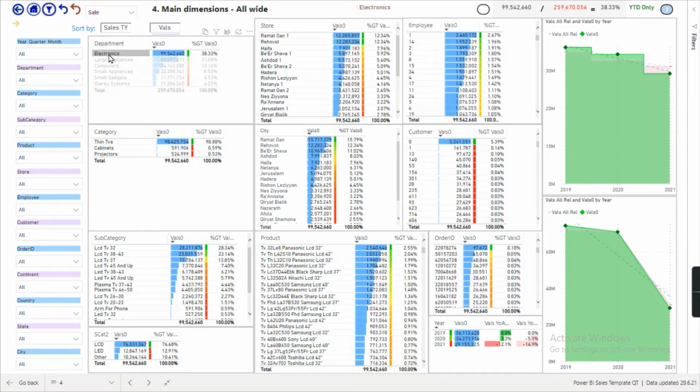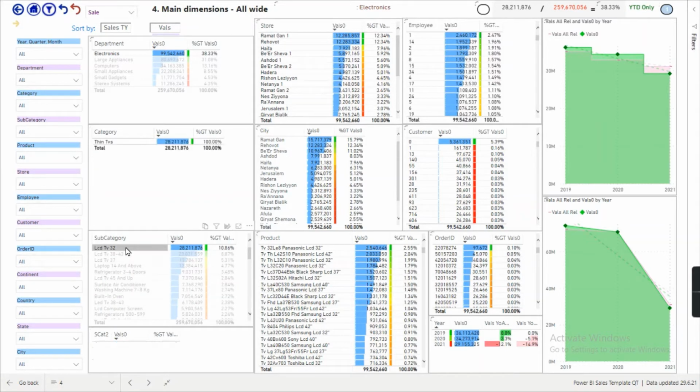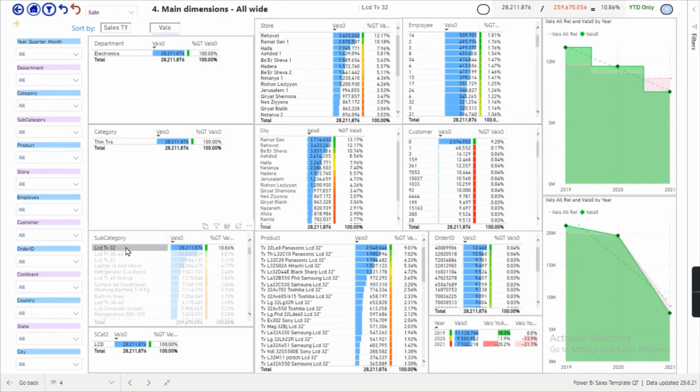Inside it, you remember when we spoke about electronics, we saw that thin TVs are 99% of it. So electronics is TVs. Let's see the main subcategory, LCD TV 32-inch, and we see the green dots are over the average, over and under.